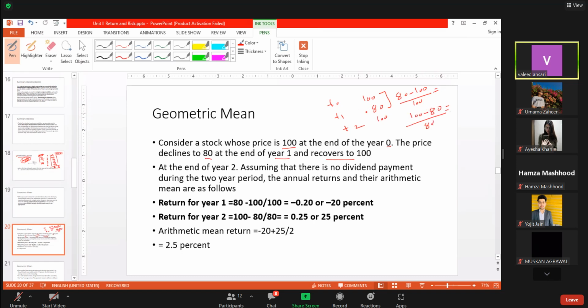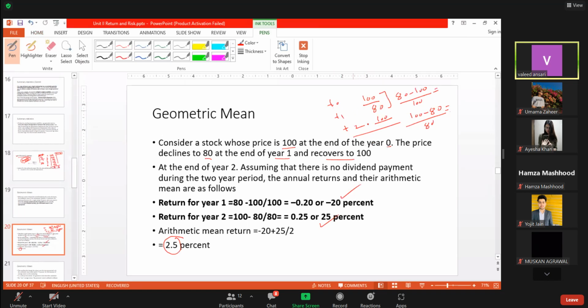Now, if you calculate for these periods and take the average, the first period works out to minus 20%, and the second works out to 25%. Now, if you take the average, it will tell you that it is 2.5%, whereas you started from 100 and the price is still 100.